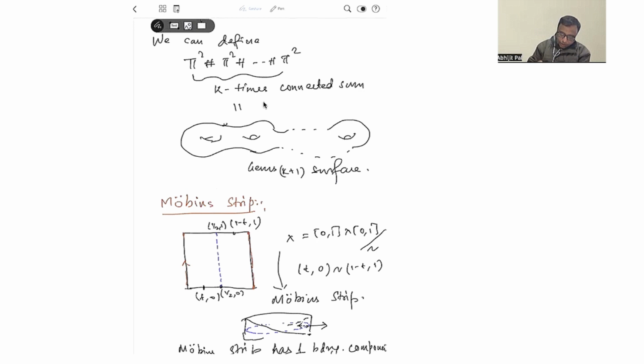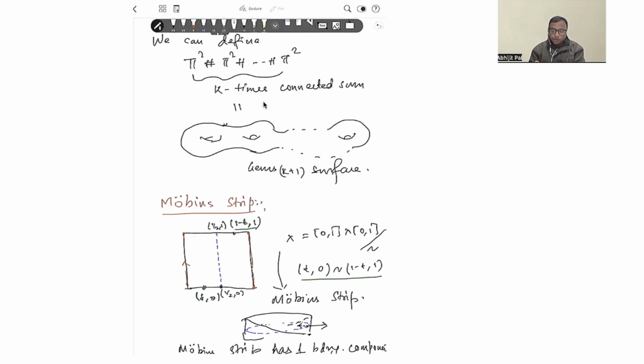Now let me define what you mean by a Mobius strip. You start with the unit square, and the point (t, 0) is identified with the point (1 minus t, 1). Here is the recipe of the identification.